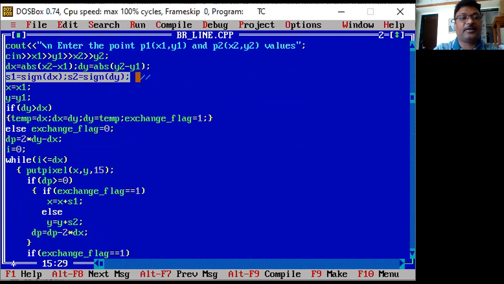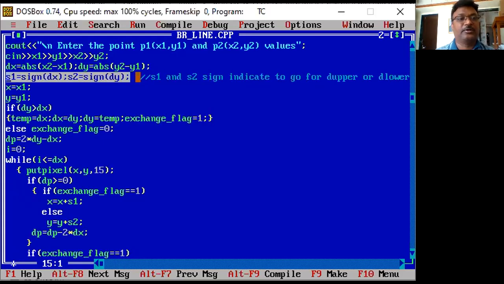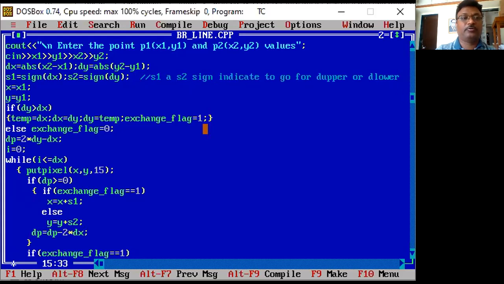Or you may say the S1 and S2 signs indicate whether to go for D upper or D lower. That is their indication. So that's why you can put S1 and S2 over here. So this is my S1 and S2 value.